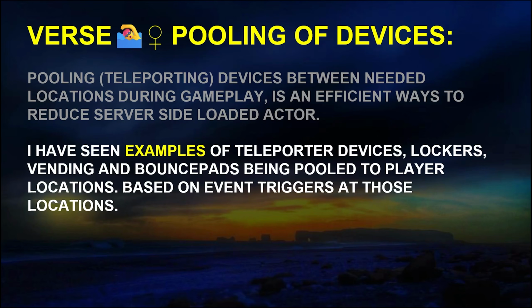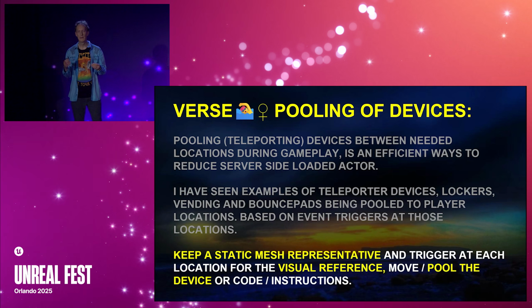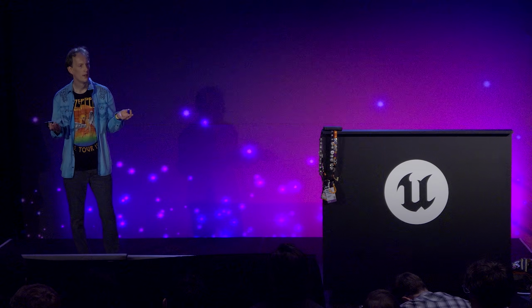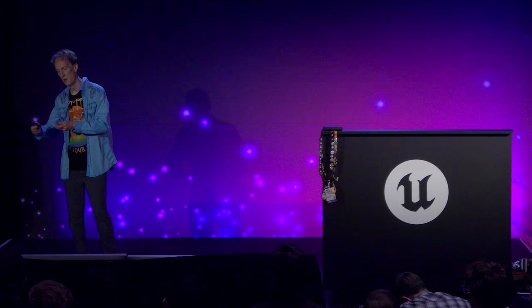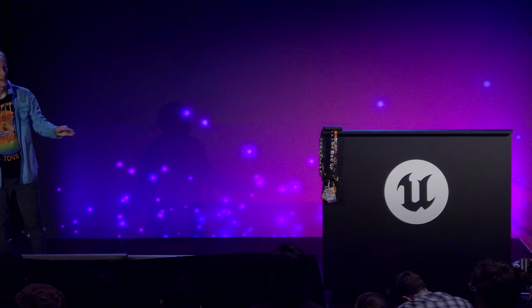Think about if rather than having a million vending machines of similar items around your map, when a player is near one, it triggers an event and transports it there. That reduces the amount of devices you're using, but you have to do it in verse. And you want to keep some sort of representation there, like a mesh, so that as they walk over it, they know it's still there, even though the actual device isn't.